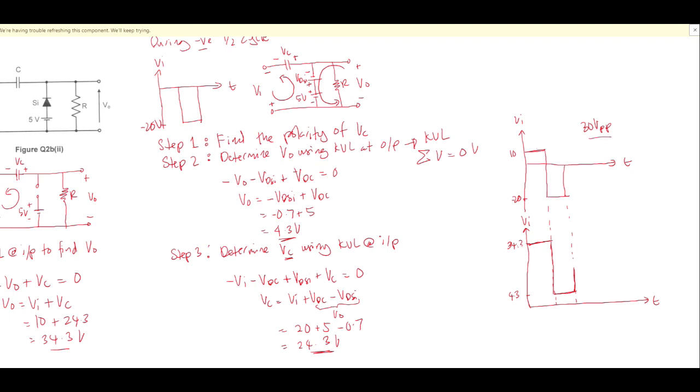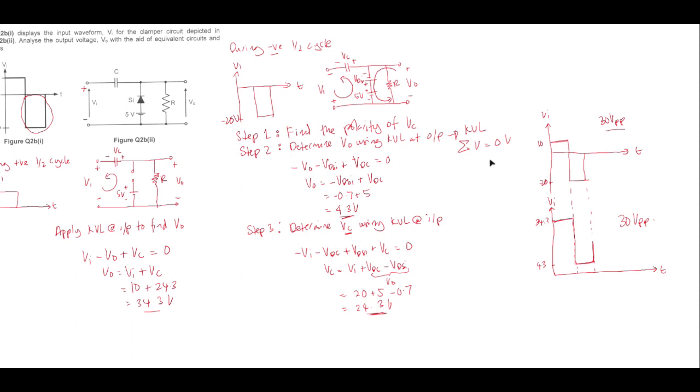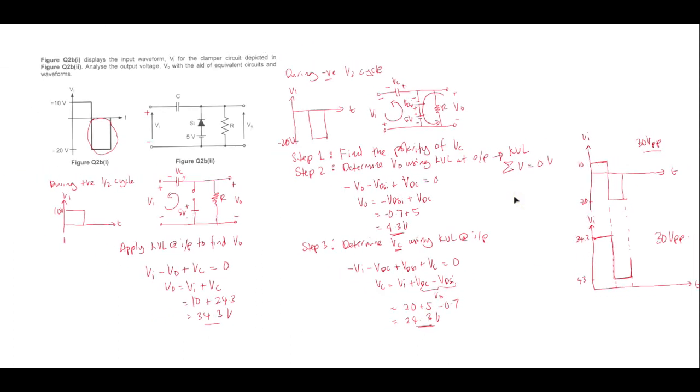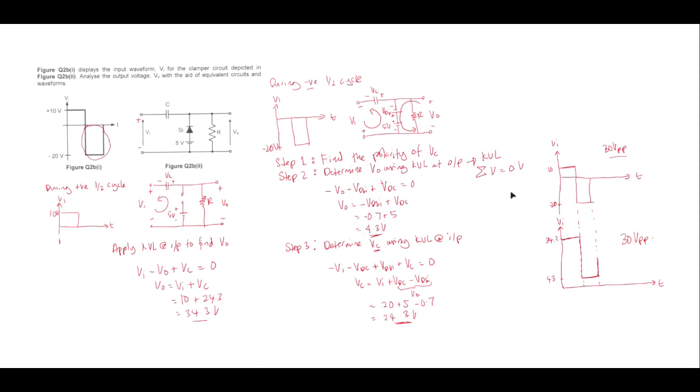So for the output you must get the same value: 34.3 minus 4.3 gives 30 volt peak to peak. That's it for the method on how to solve the positive clamper circuit. I hope you understand this tutorial.